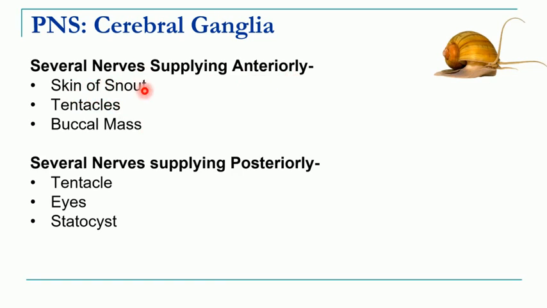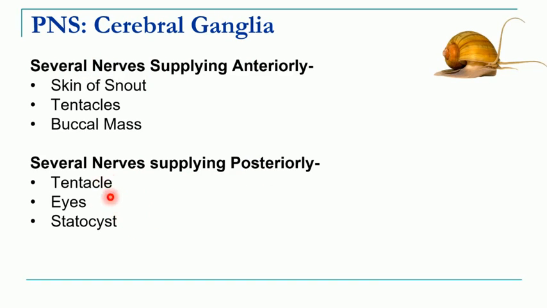So these parts of the body get nerves which are supplied by the cerebral ganglion. Similarly, the cerebral ganglion supplies nerves posteriorly to organs like the tentacles, eyes and statocyst.